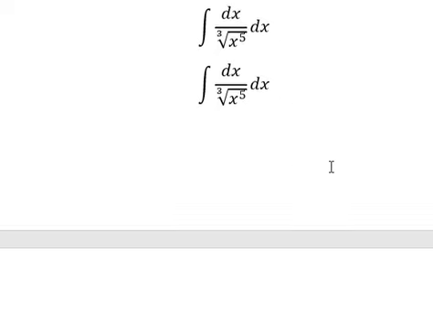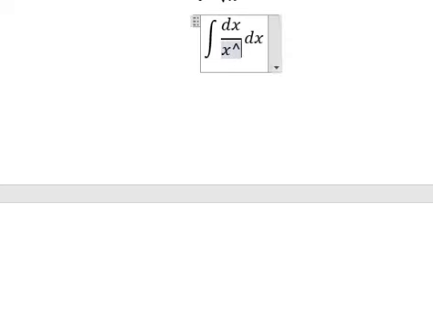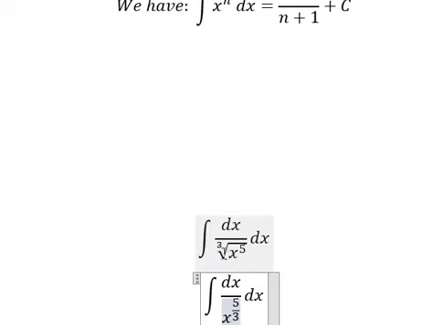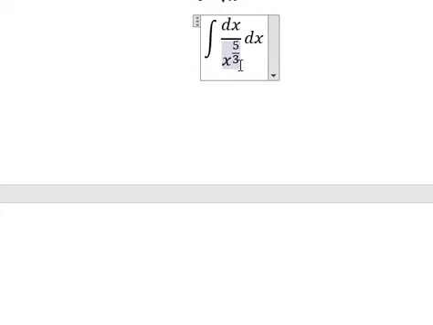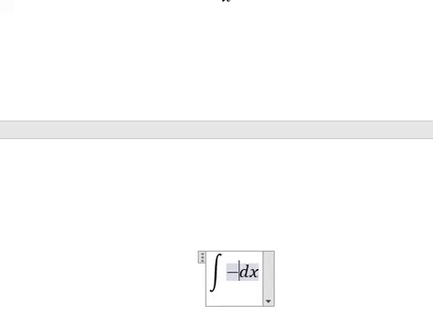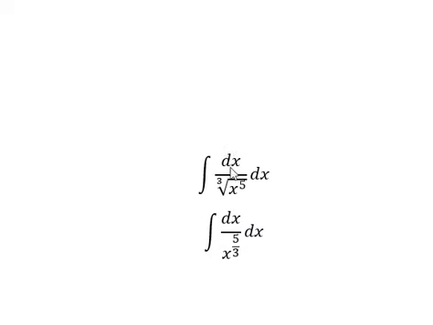For this one, we can transform into s to the power of 5 over 3. The cube root, that is about 1 over 3 in here. So if I want to put this one go to numerator, we need to put about negative sign here. Or this one we just have only one ds.